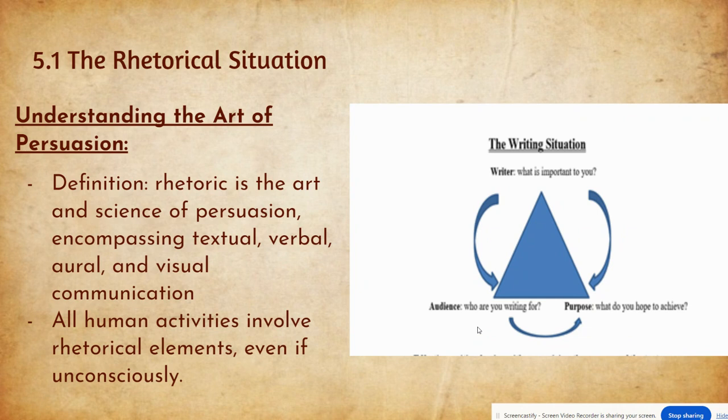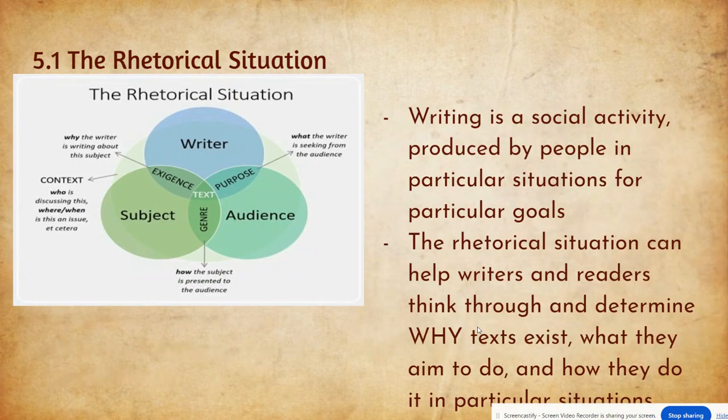So we are using rhetoric in our everyday life without always knowing that we're using rhetoric. Writing is a very social activity. It's produced by people, for particular goals. The rhetorical situation can help writers and readers think through and determine why text exists and what they aim to do and how they do it in particular situations.